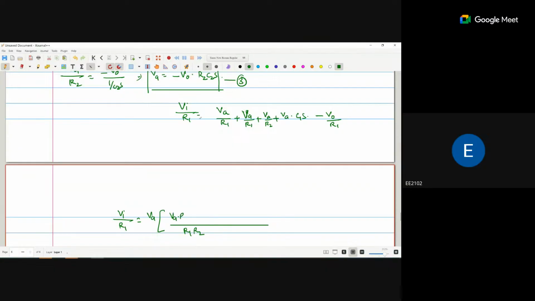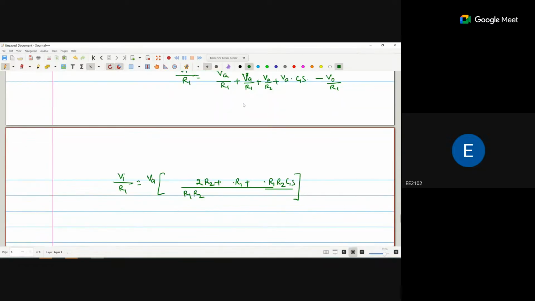So it is VA times R2 plus VA times R2 plus VA times R1 plus VA times R1R2C1s, minus Vout by R1. Take R2 common: R2 and R2 become 2R2, so (2R2 plus R1 plus R1R2C1s) minus Vout by R1. R1 and R1 cancel out.